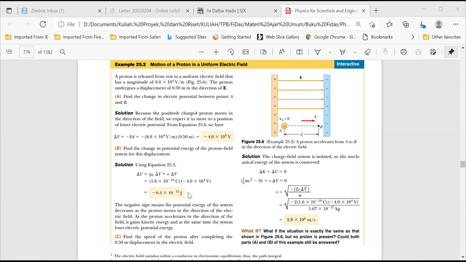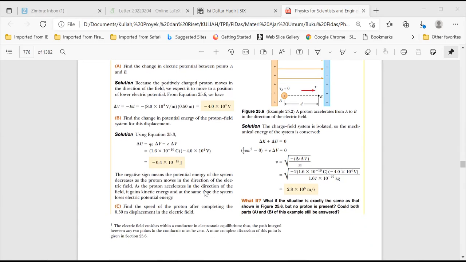The negative sign means the potential energy of the system decreases as the proton moves, because the proton moves from higher potential to lower potential.